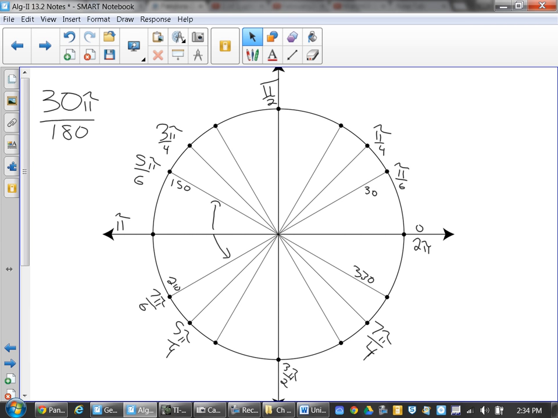Once again, if this is a 2 as a whole, and I want to deal with it in terms of a 6th, that's the same thing as saying 12 over 6. You guys agree? If I'm bouncing down, I'm losing a 6, so I'm at 11 pi over 6. Same idea at our 60 degree angle. 60 degrees becomes 60 pi over 180, pi over 3.